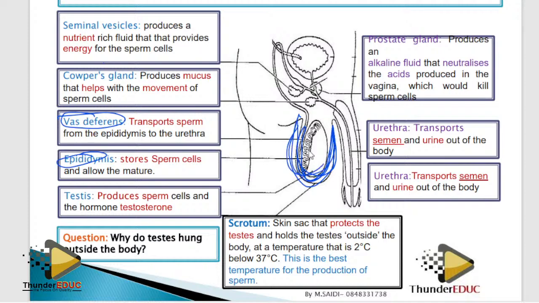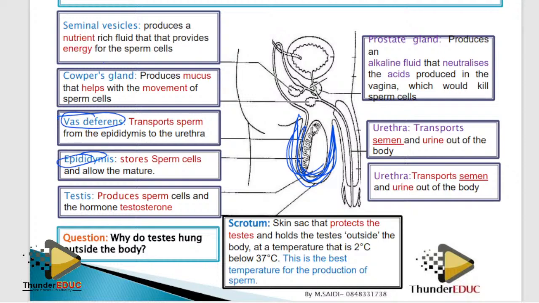We say that they hang outside to provide favorable temperature for sperm production. Yes, sperms are produced 2 degrees less than the body temperature. Students make this mistake and say that sperms are produced 2 degrees less than what?